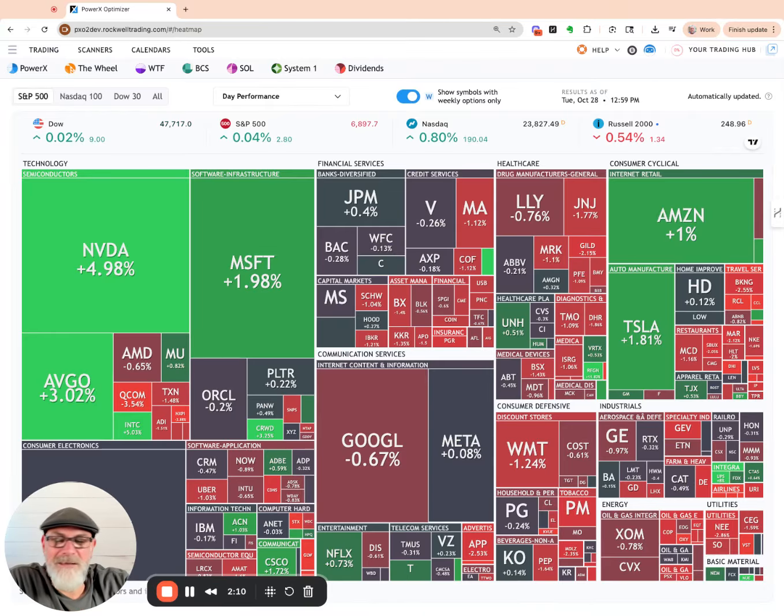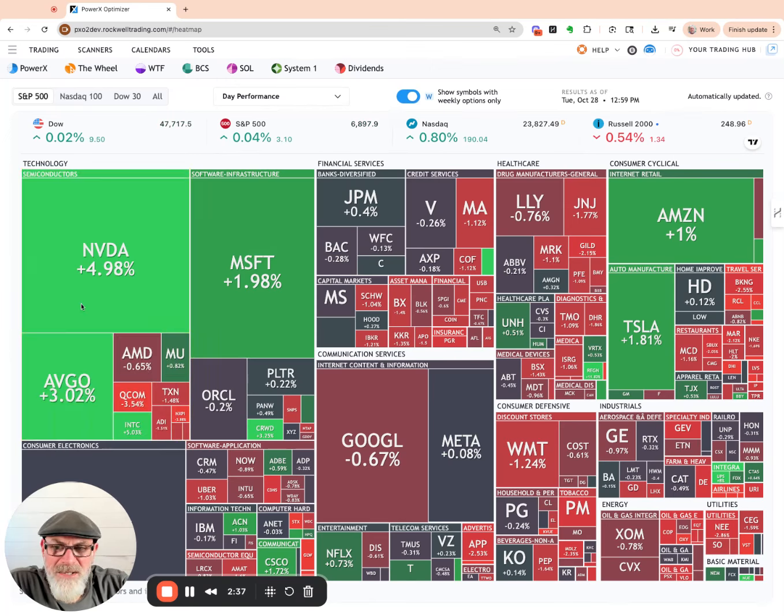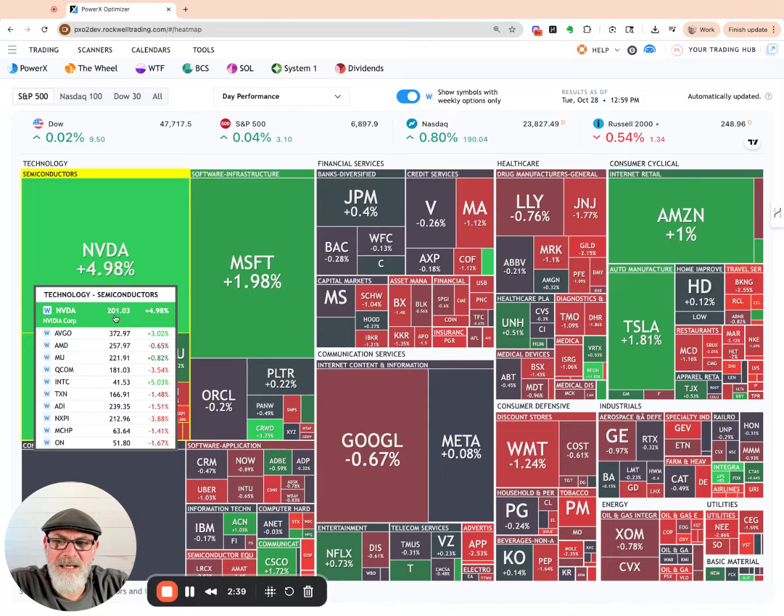Another nice way to find opportunities here is we have everything broken down by the sector, like technology, financial services, healthcare, consumer cyclical, and then the industries like semiconductors. So let's say that NVIDIA is on the move and is making a real nice move, and you want to consider taking a trade in something that's in the same industry, but not necessarily NVIDIA.